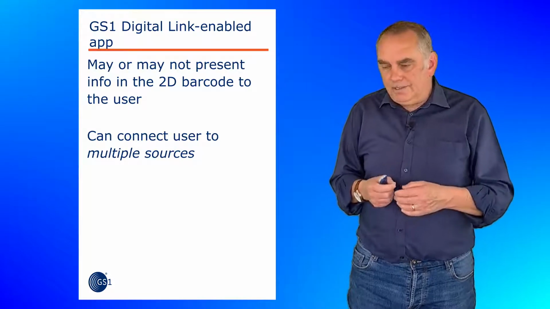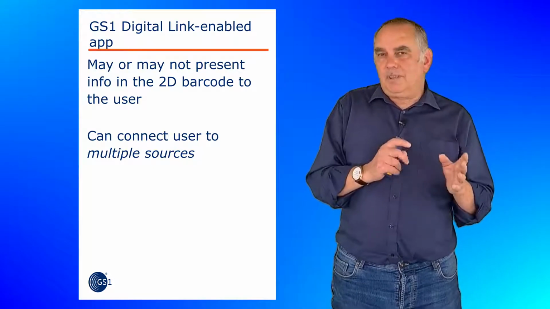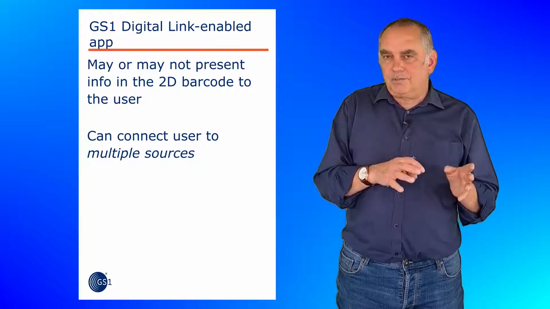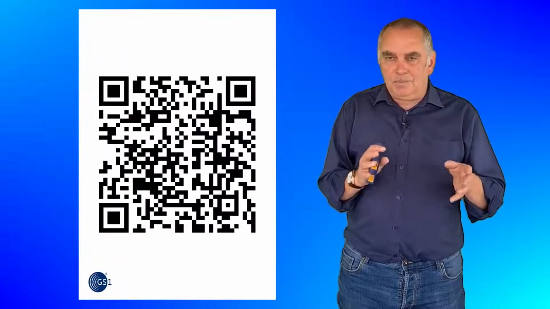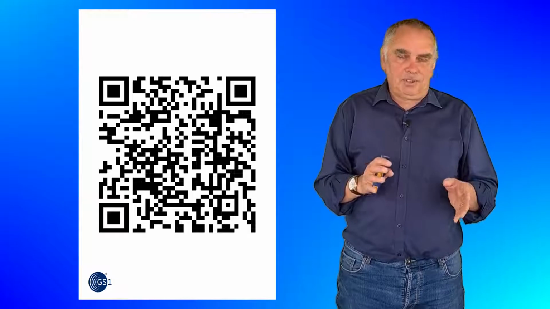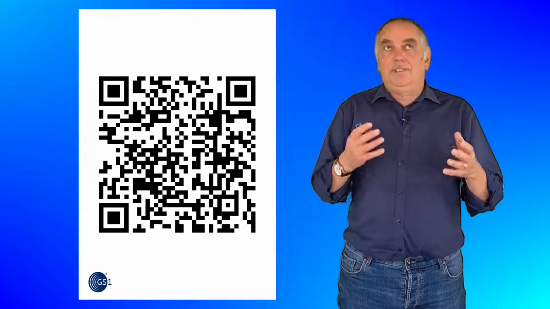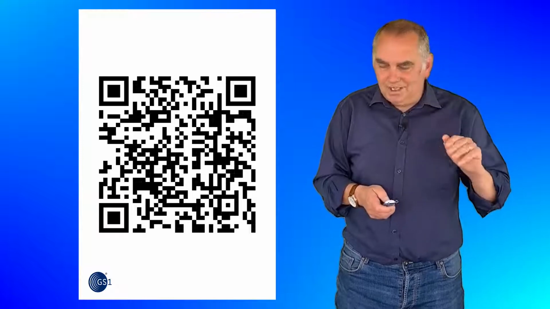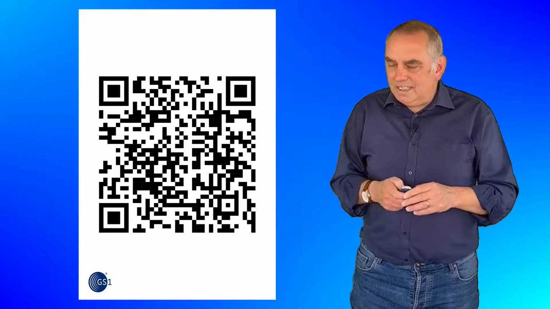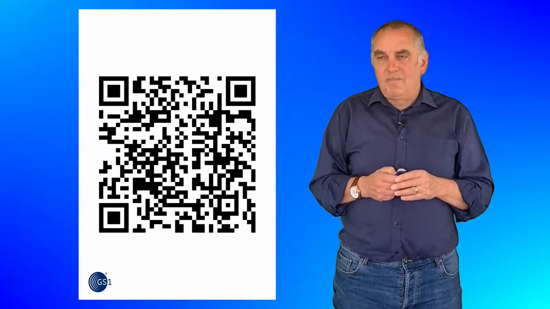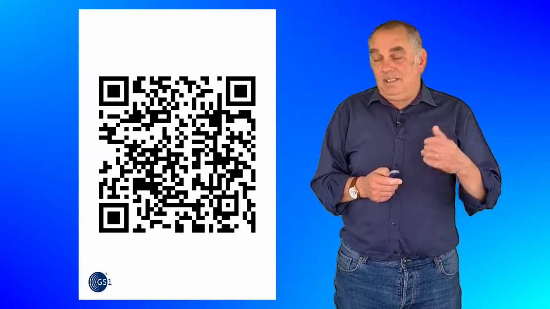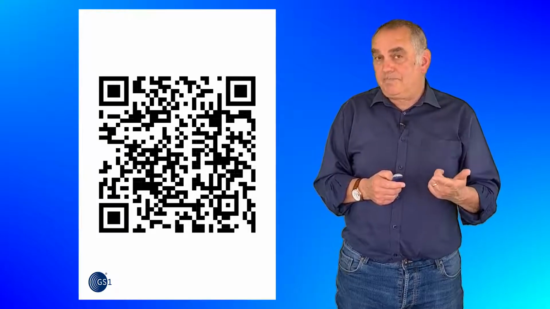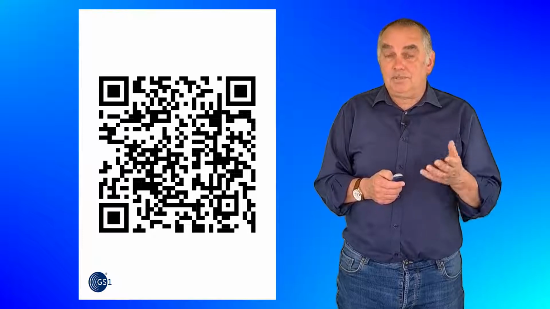Now, if you'll forgive me, I'm going to step out of the world of transport just for a minute and use a retail example, because this is the one I've got slides for and it's all set up to do. But with some effort, I could turn this into a Scan4Transport demo. Scan this with your phone. This contains a GTIN and a serial number, so a serialized product.